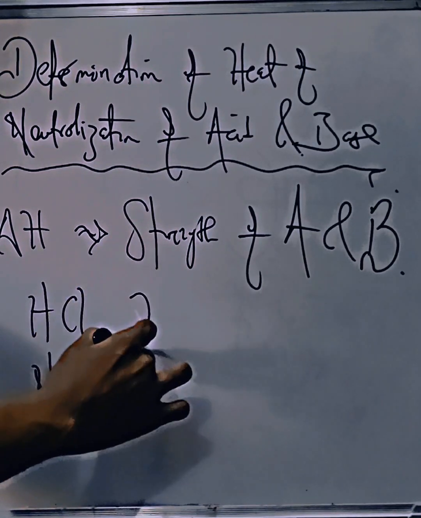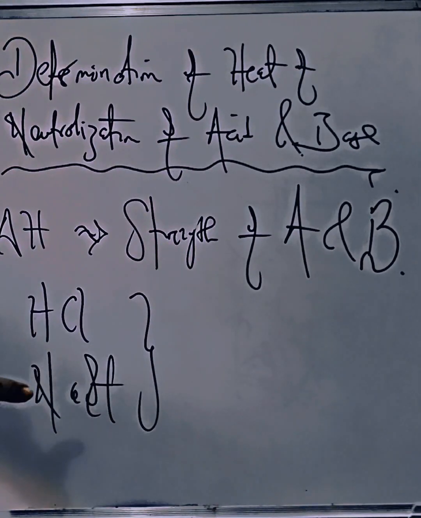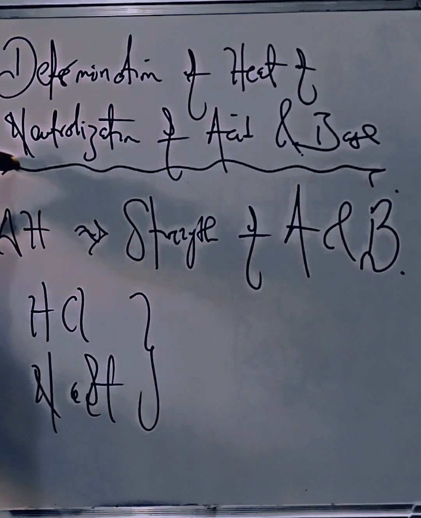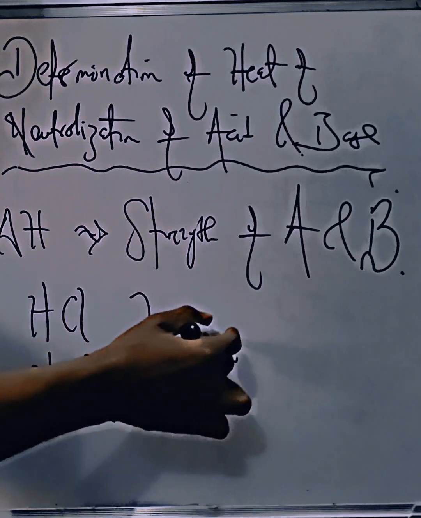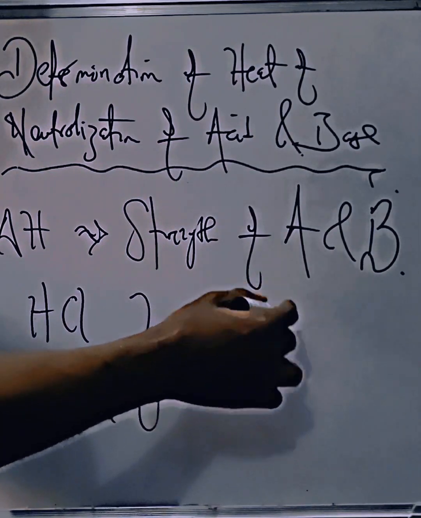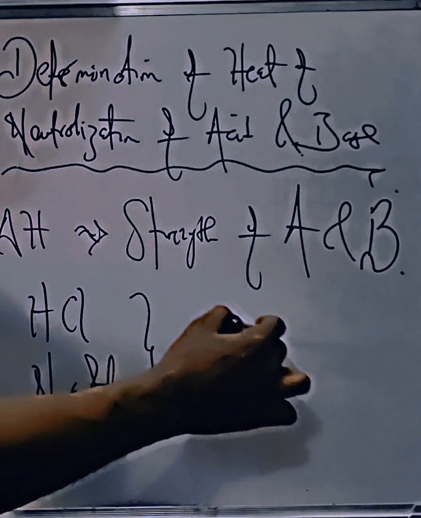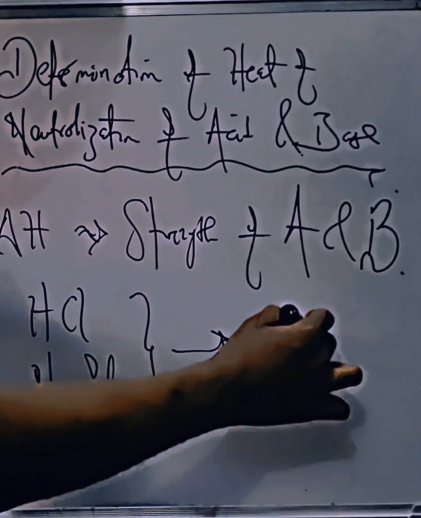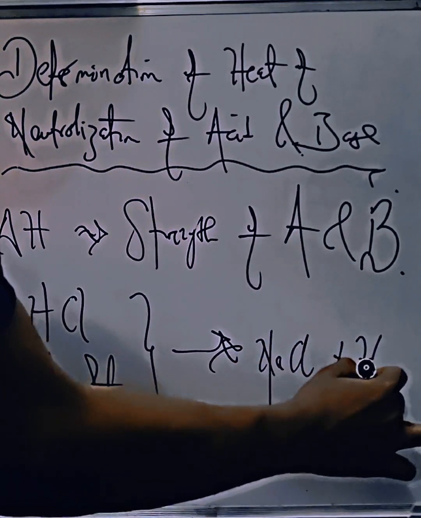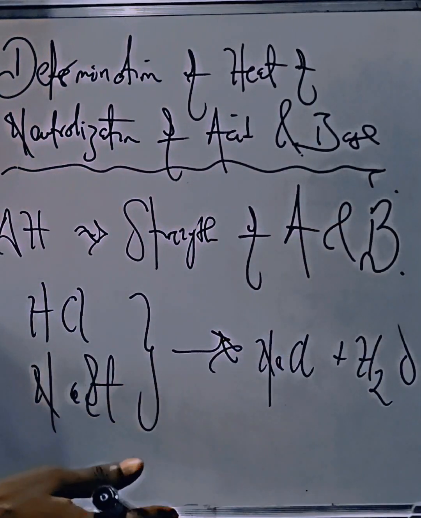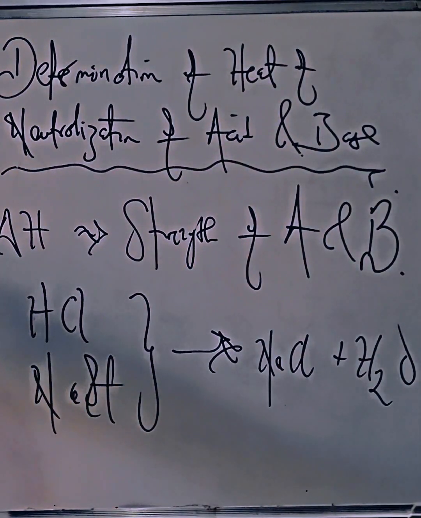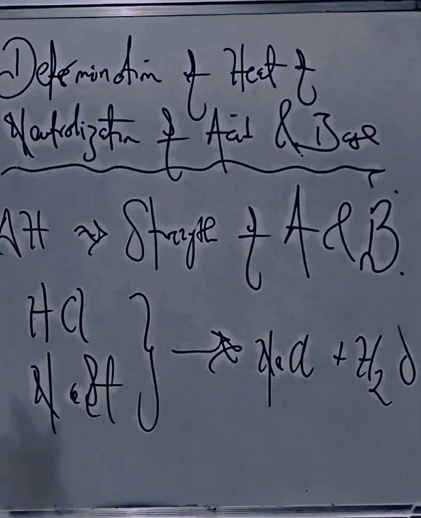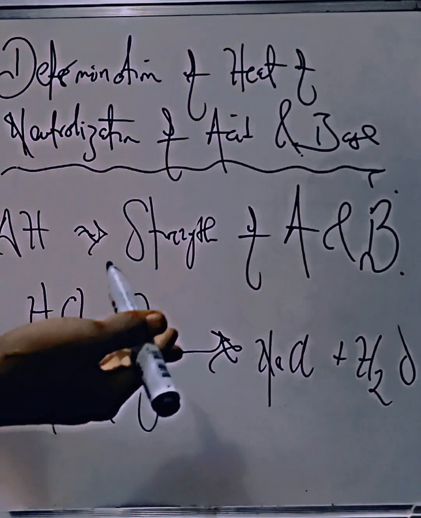So we'll be determining the enthalpy change or the heat of neutralization of these two reactants, acid and base, to give salt and water. You know already that if these two react, we're going to have sodium chloride plus water. You can balance it yourself. Now let's proceed to how we quantify the heat of neutralization.